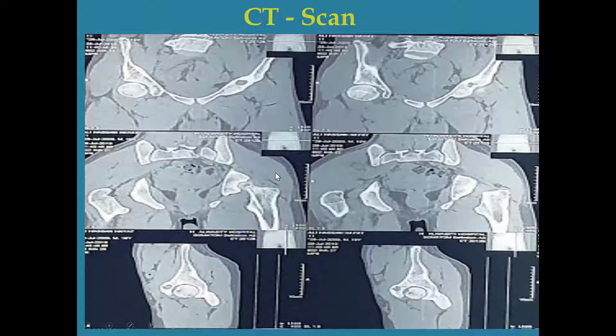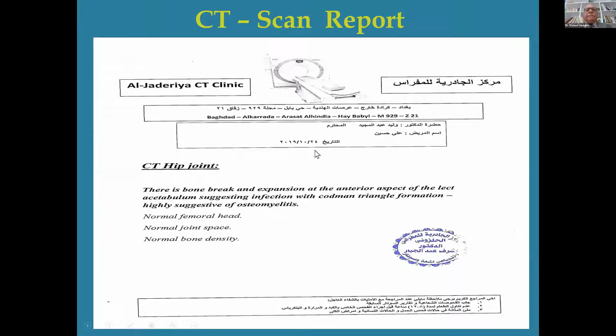The ilium is above here, but the main lesion was here. Okay, next, please. The problem was pain in the thigh and the knee. Now, this is the report of the CT. It was suggestive of osteomyelitis.